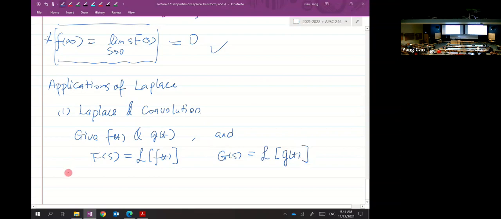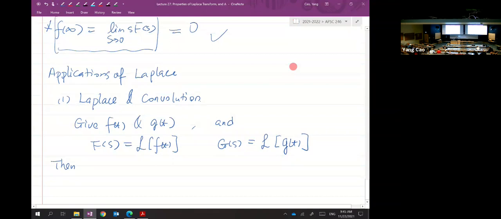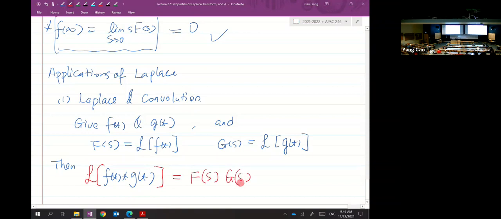Then if you're going to calculate the convolution between f of t and g of t, you now have an alternative method: you can apply the Laplace transform to this convolution, which turns out to be the multiplication of the two S functions, capital F of s and capital G of s.